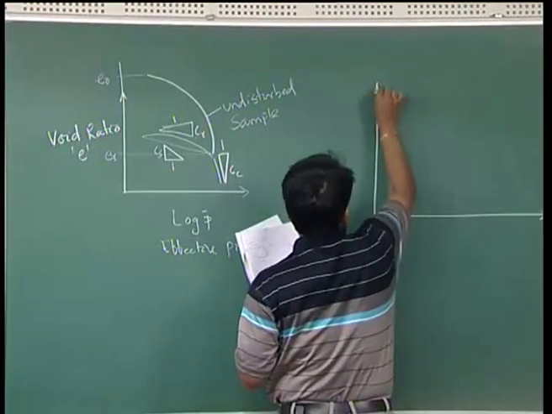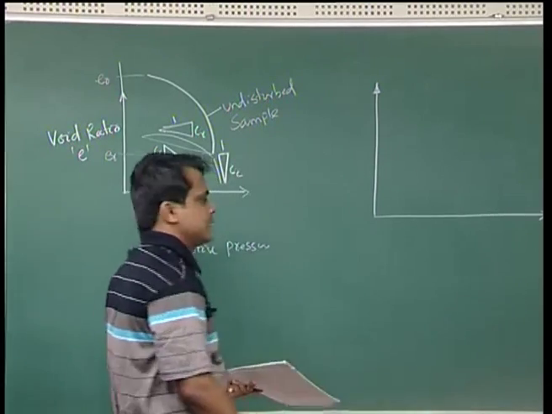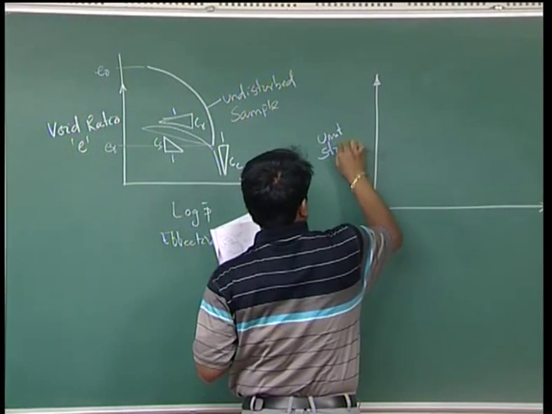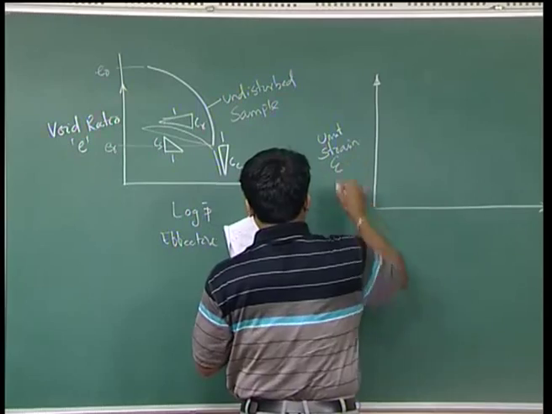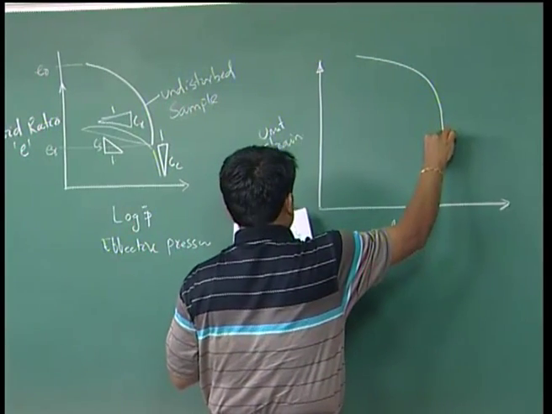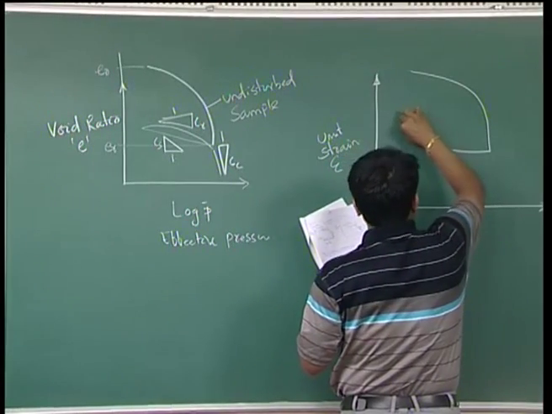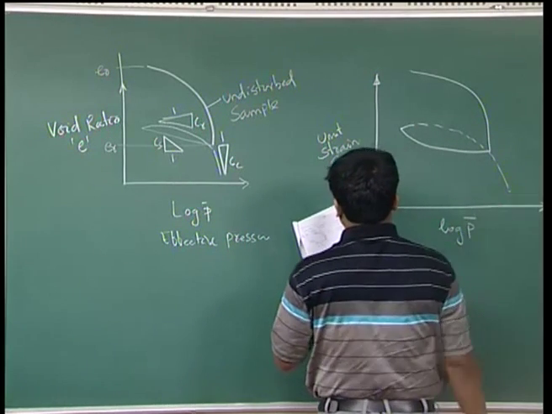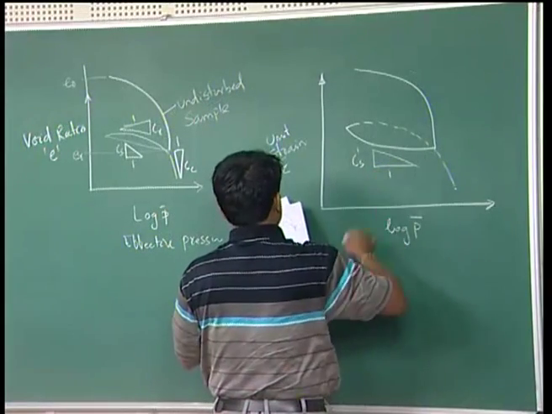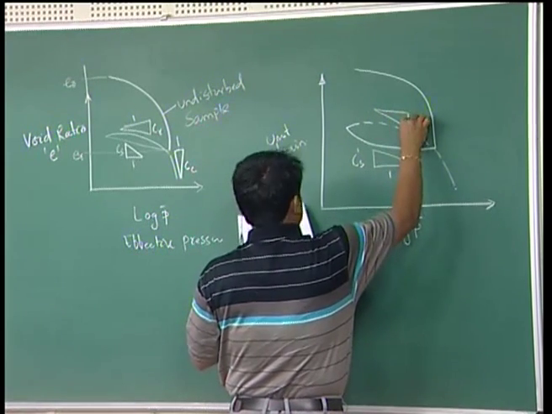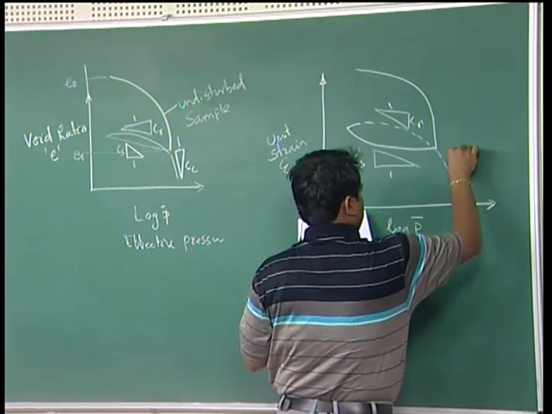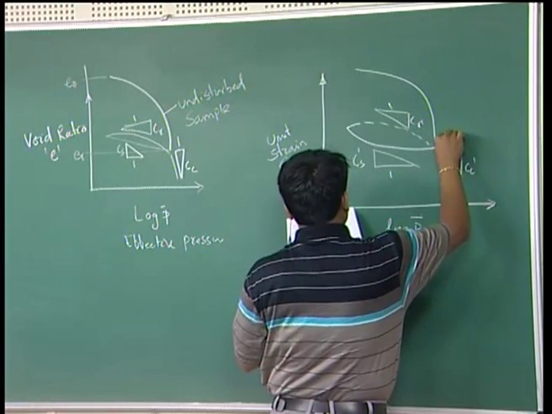You can plot the consolidation curve either as void ratio versus effective stress or unit strain, from where you can get Cr prime and this is your Cc prime 1.